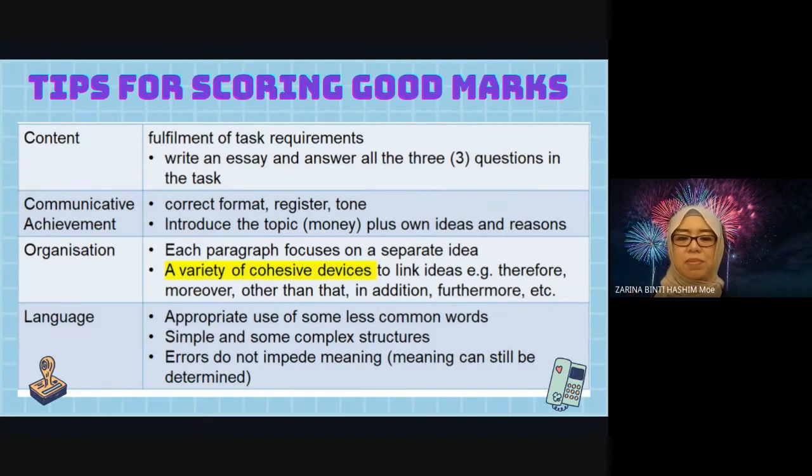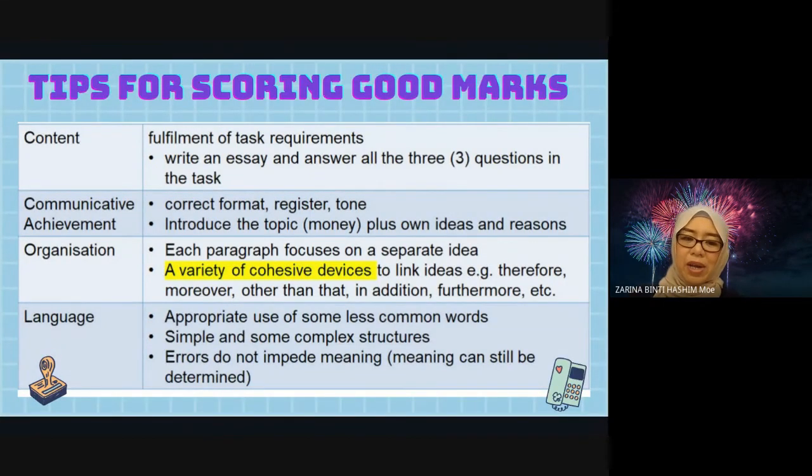Okay, organization pun okay. So each paragraph focuses on a separate idea. Maksudnya satu note satu paragraph, jangan campur 2 notes in 1 paragraph. Okay, so follow yang tadi cikgu bagi yang layout tu, planning tadi tu. Okay, and then a variety. Nampak tak dekat sini dia tulis a variety.